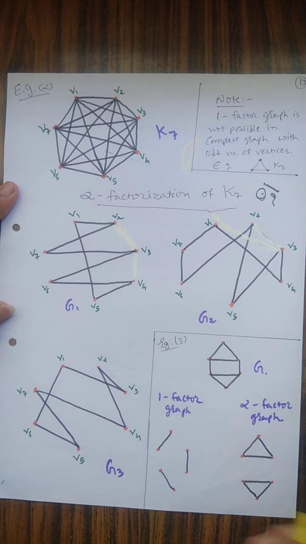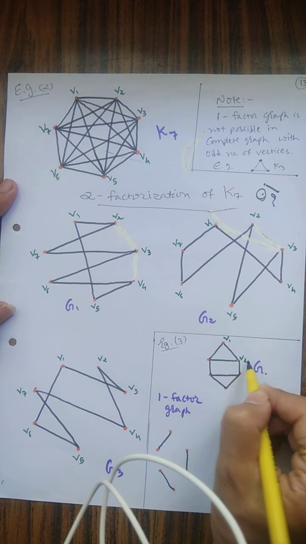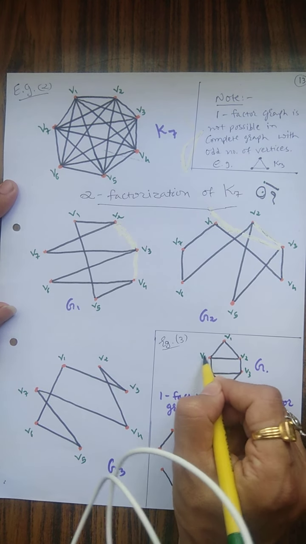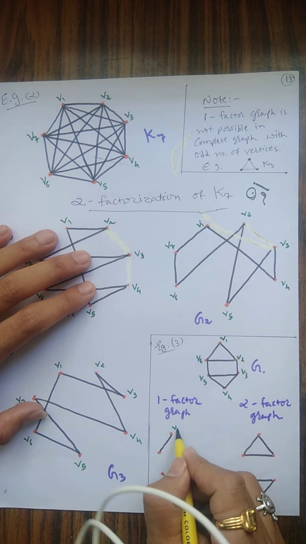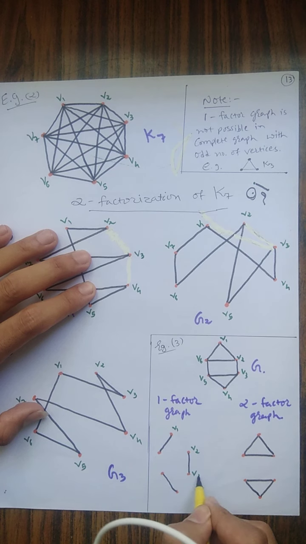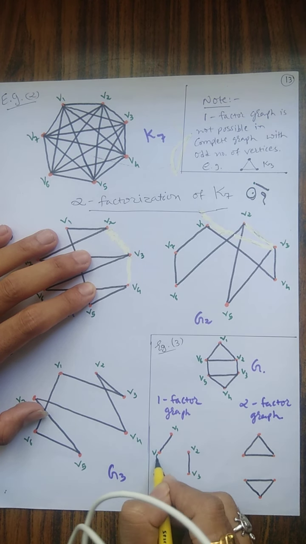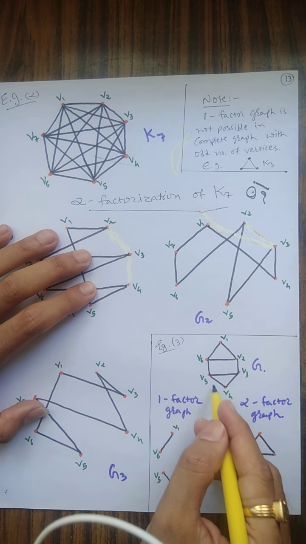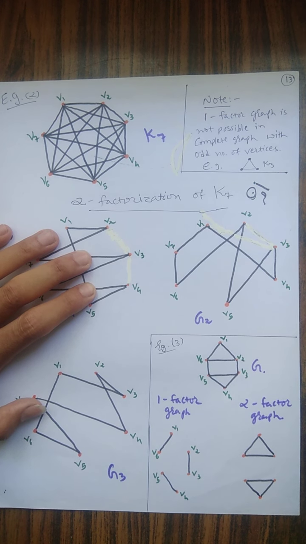If I say V1, V2, V3, V4, V5, V6, what happened here? This is V1, V2, V3, V4, V5 and V6. So first this line and this line. Look here, all vertices have degree 1.